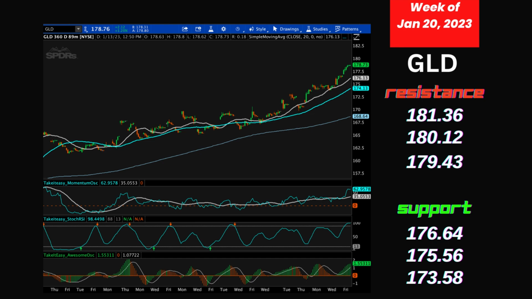The weekly resistance is at $181. Support or demand for Gold ETF would be first at $176.64. The next area of support will be $175.56, and weekly support will be at $173.58.